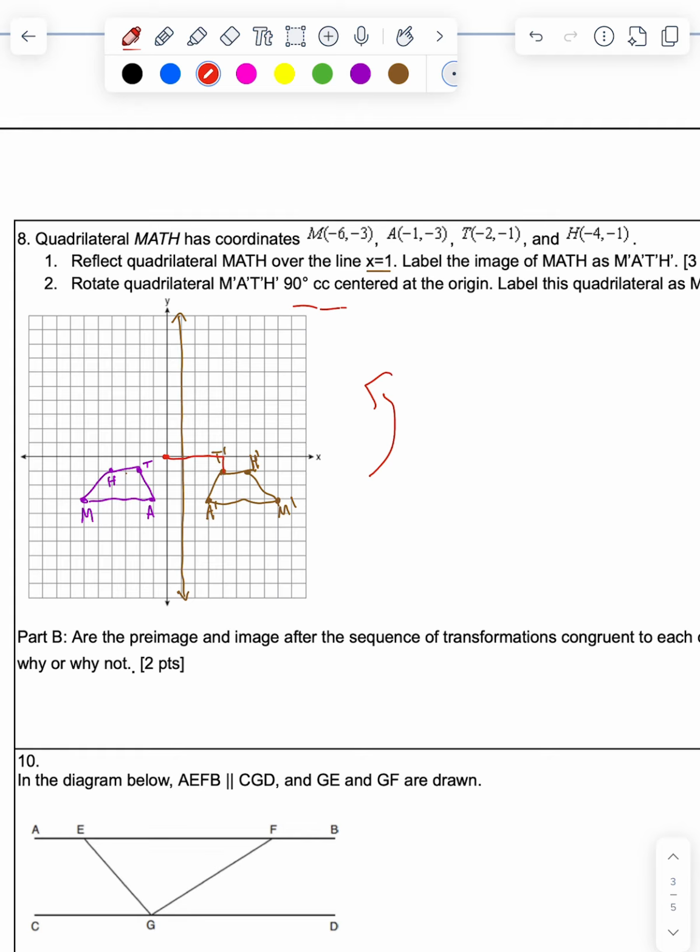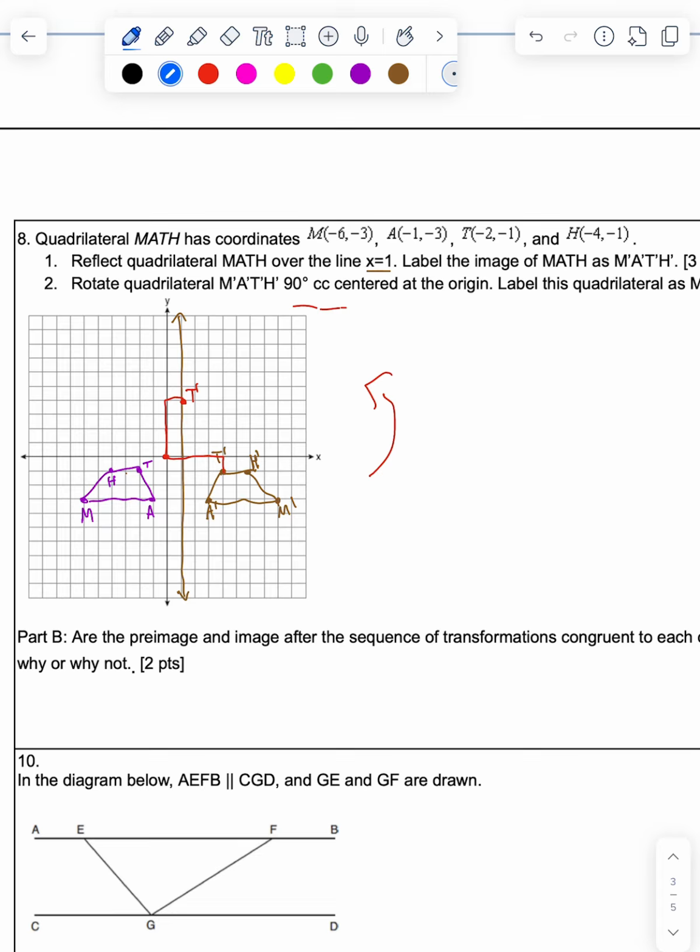So I want to make sure that when I rotate it, it's the same distance. And where I put it over here, 1, 2, 3, 4, 1. So it uses the same numbers 4 and 1. So that's really important to make sure that the distances are the same.